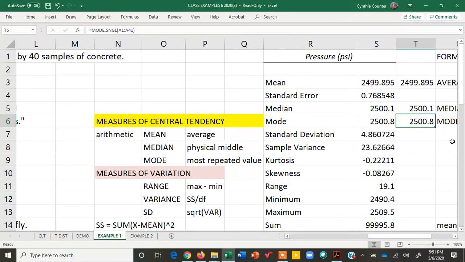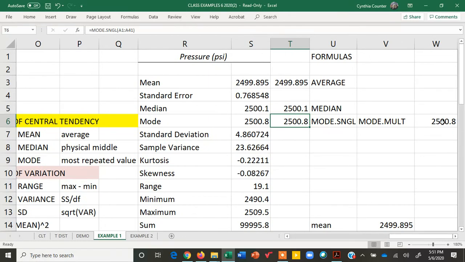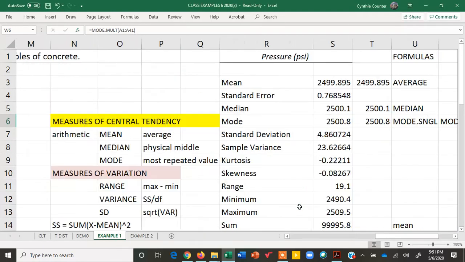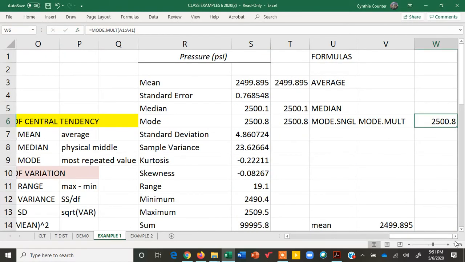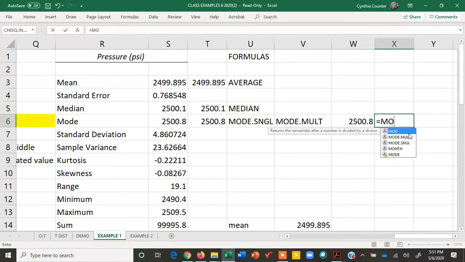All right, if it were a set that had more than one value, how would we get it to output here? Well, you would need to output an array. So when you did this, A1 colon A41, you're not going to actually see my keystrokes.